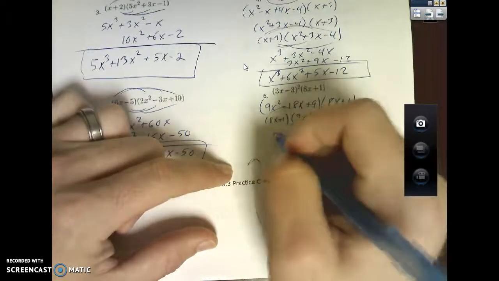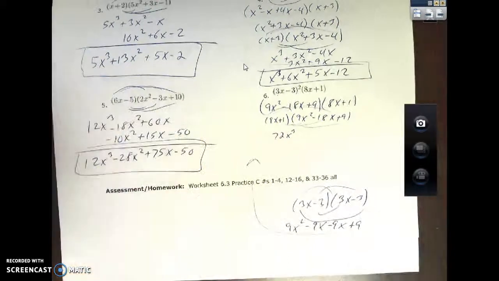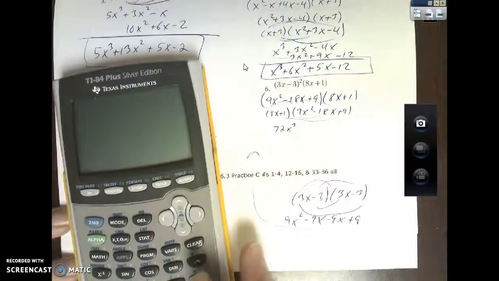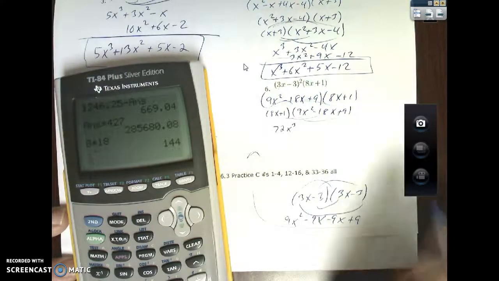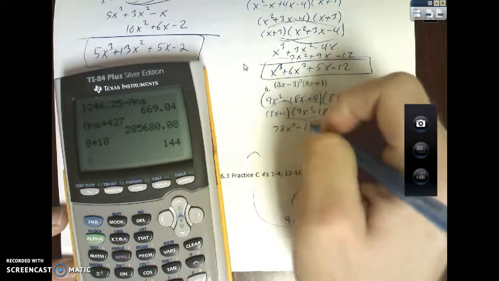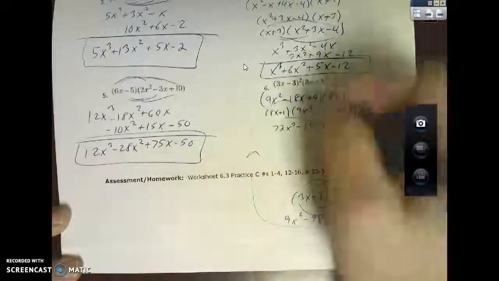Multiply this across, 72x cubed. This tells you where my head's at today. 8 times 18, 144, plus 72. This should be x squared and x, my bad.